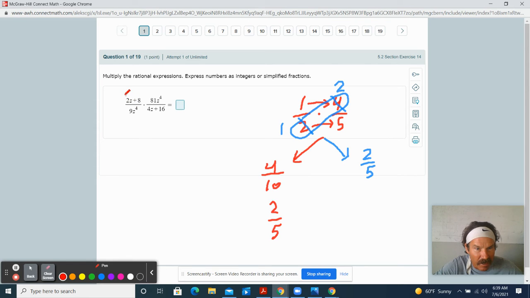Anytime we see these plus signs, we're going to be factoring. So you take out a 2, and you end up with z plus 4. That's just factoring out the greatest common factor, which is always the first step when you're factoring. So that's the numerator. The denominator is still 9z to the 4th.